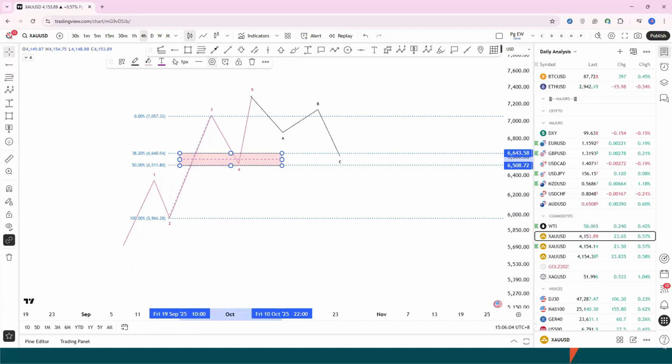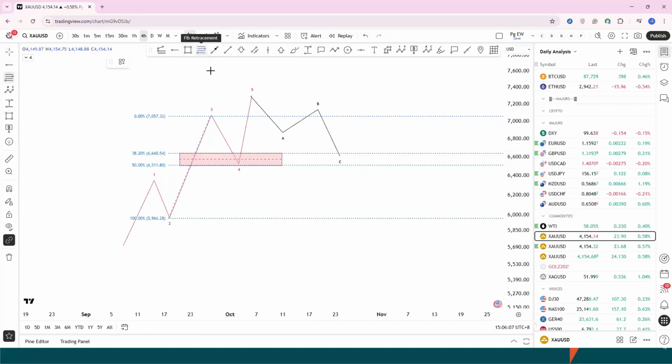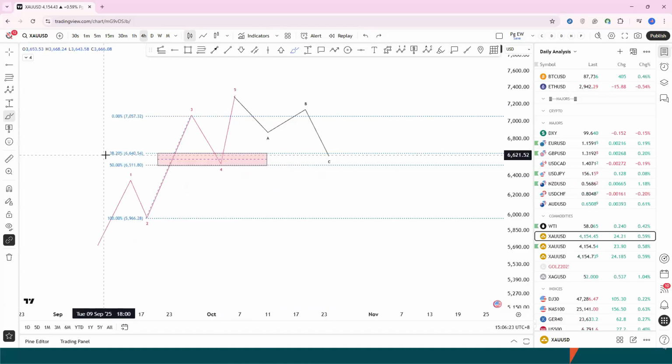This is going to be wave 4, and wave 2 anywhere between the start and wave 1 here. After that you're going to see the pullback, that's going to go A, B, C. This completes the Elliott wave.